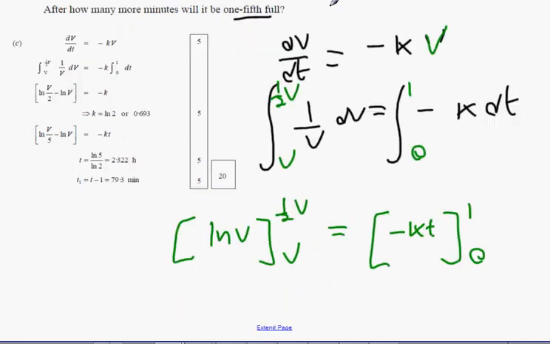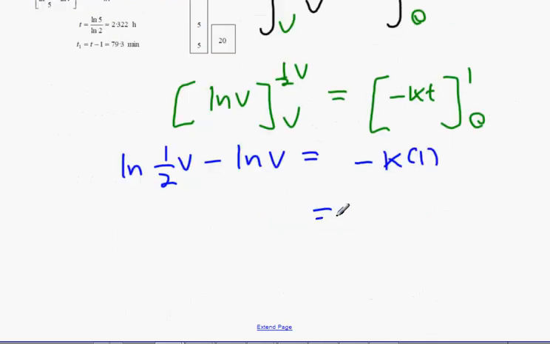Then we integrate this, and what we get is ln a half V minus ln V equals minus KT, minus K times 1, which is minus K. Now we multiply both sides by minus 1, and we get ln V minus ln a half V equals plus K.